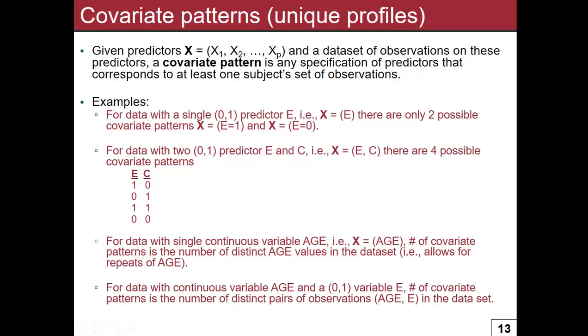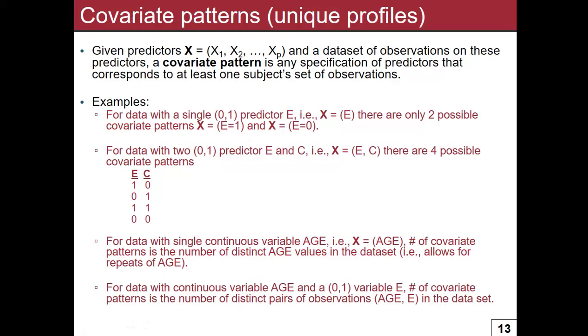If you have integer years of age, the number of years you observe is the number of covariate patterns. If you have a continuous variable and discrete variables, then you can have way more covariate patterns, maybe 4 times the number of ages in your data set, or whatever it is. So this gets more complicated with continuous variables: you have a proliferation of the number of combinations of x's, or covariate patterns.